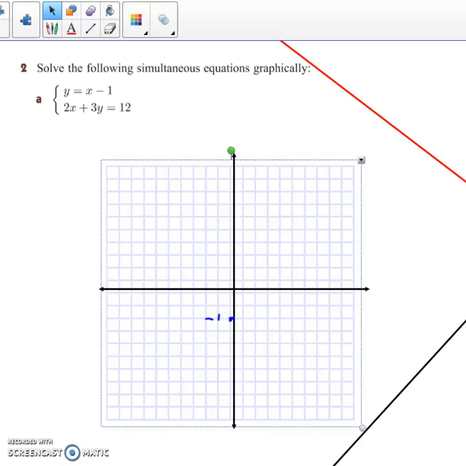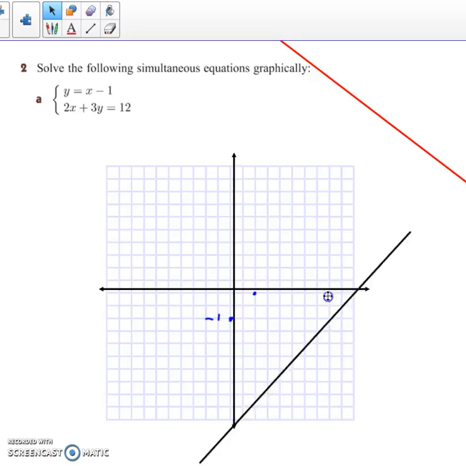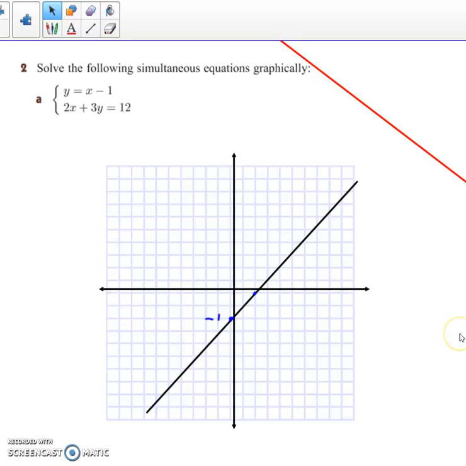Then with your x, it's 1 up and 1 across, so you've got negative 1 and 1. We've already got these set up, so we can pop that one in there, that one being y is equal to x take 1.